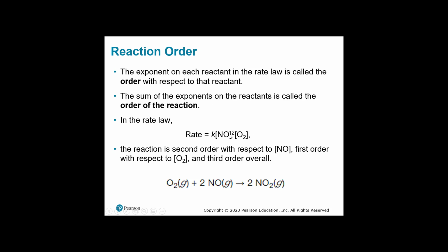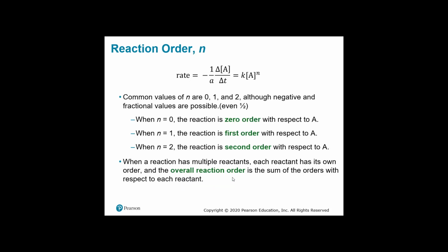So this is second order with respect to this reactant, first order with respect to this reactant, and 2 plus 1 is third order overall. Now, you can't get that information here. I know that it just happens to match up here with the coefficients, but in other reactions it does not. So you can't assume that the coefficients are actually going to be the order.